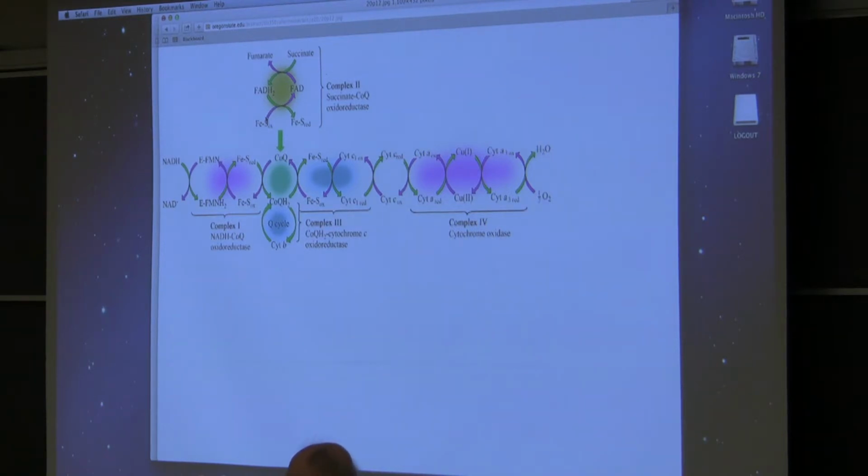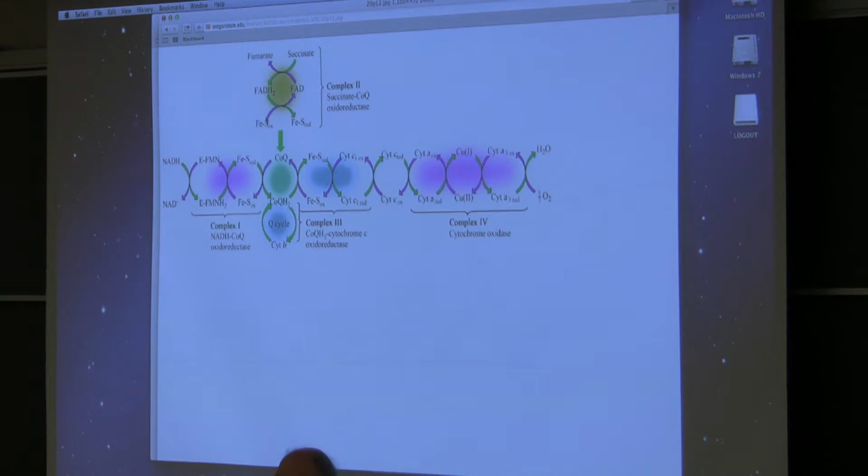Well, it turns out the cell figured out electrical circuits long before human beings ever came along. The cell uses a metal, like you would use in a wire, and it uses iron. You don't need to know this, I'm just telling you. Iron can exist in two forms, +2 and +3, the difference being 1 electron.